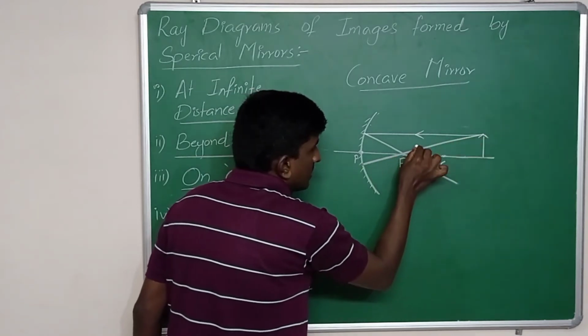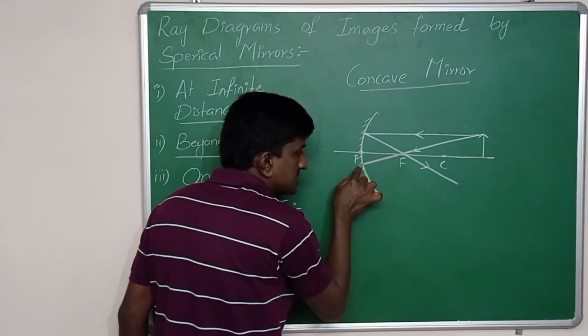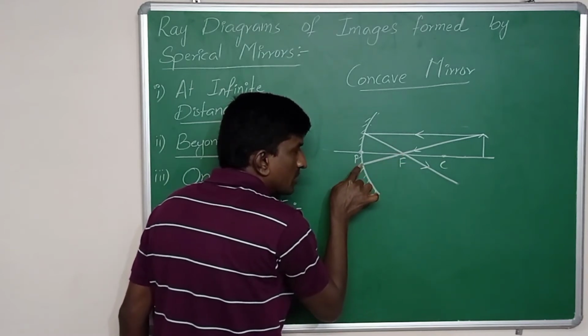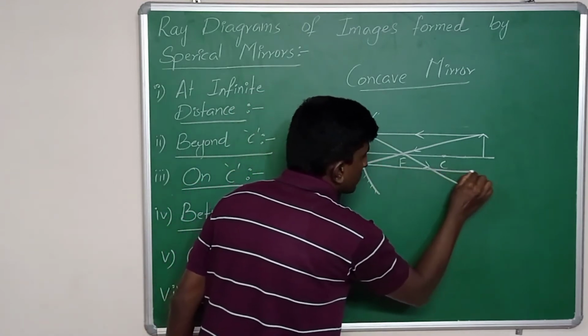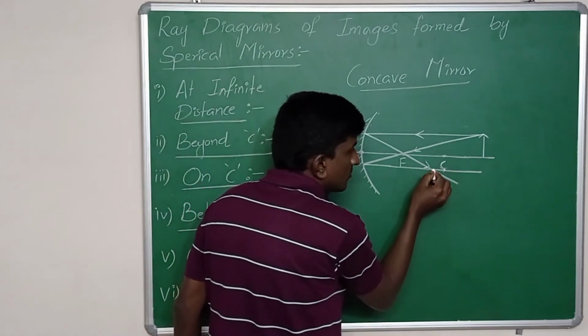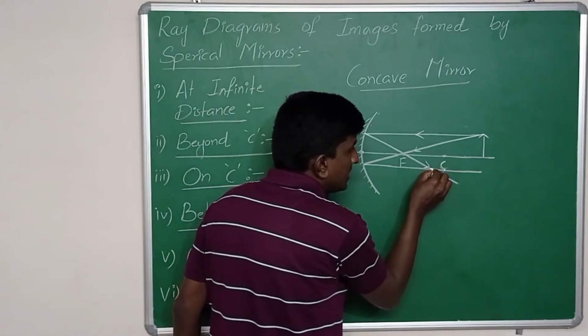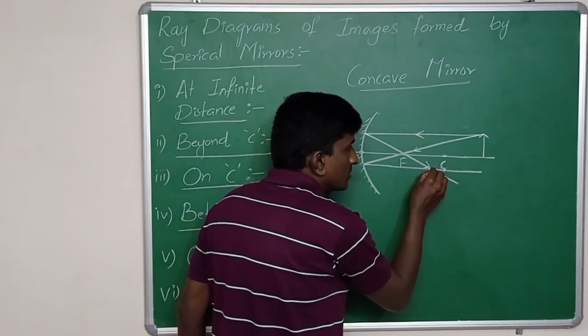The light ray which passes through the focal point and is incident on the concave mirror becomes parallel to the principal axis after reflection. Here these two reflected light rays intersect, so here the image is formed.